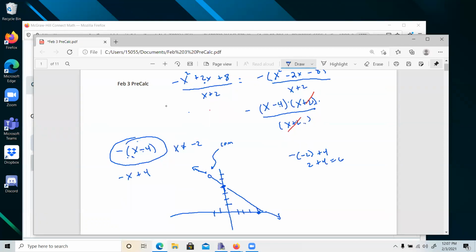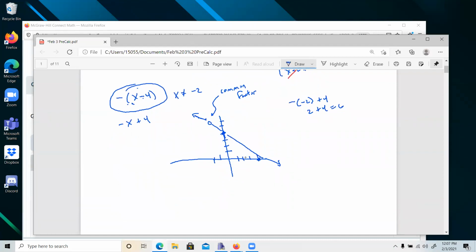This is your common factor. That's why it's important to always check for them, because if you're going to go through here and put in a vertical asymptote and then a horizontal asymptote, no, that's not it. There is no horizontal asymptote. This is a line. So be very careful about that.